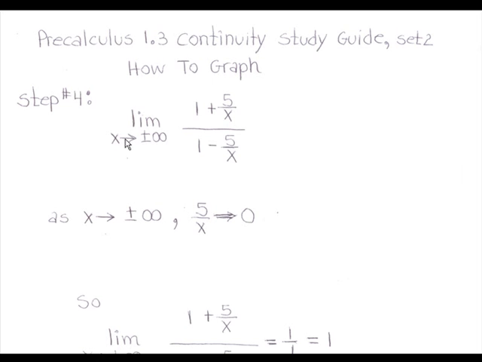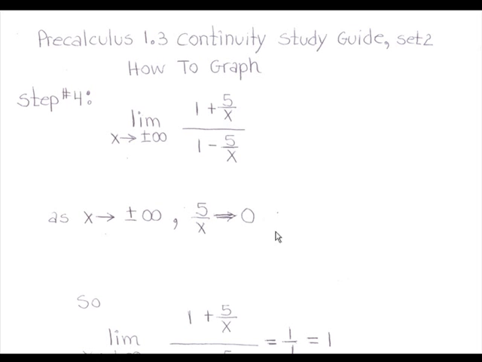Continuing on, we now take the limit of this expression as x approaches plus or minus infinity. So the limit of 1 plus 5 over x, divided by 1 minus 5 over x, as x begins to grow larger and larger. As x approaches plus or minus infinity, 5 over x is approaching 0.